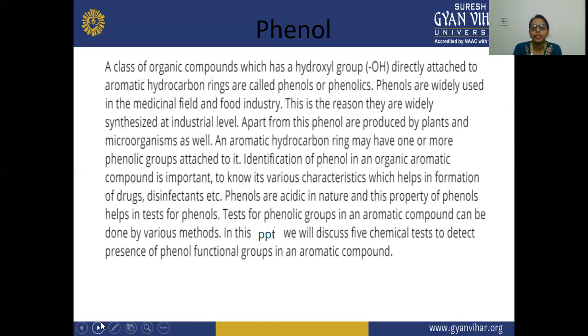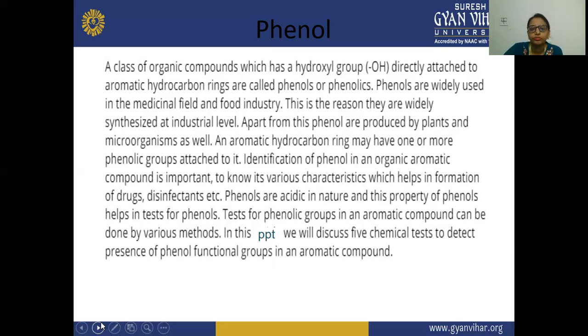That is why we are going to discuss 5 chemical tests through which we can identify that this is phenol, and that this hydroxyl group is attached to the aromatic compound.